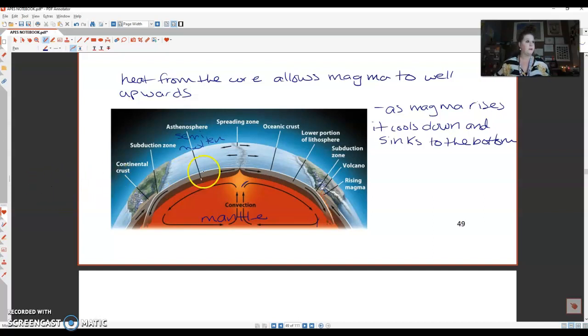Now, right here, a spreading zone. So this is going to be where two plates meet, and we're going to talk about that in just a second. So this right here, potentially, we could see a volcano or an earthquake right here.